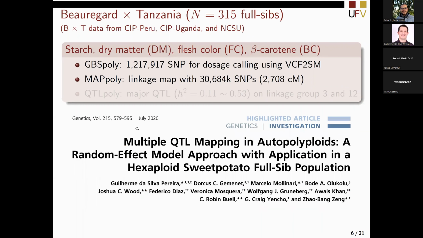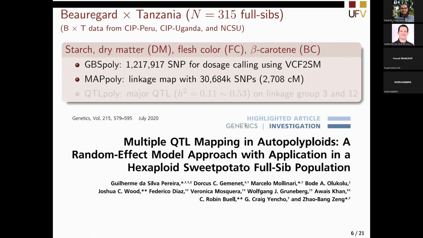allows us to detect QTL, right? So we came up with a model that uses random effects to be able to deal with the many classes we have in hexaploid potatoes, right? We can have for one single locus up to 400 different genotypes. So this is, of course, something that cannot be dealt with fixed effects, right?